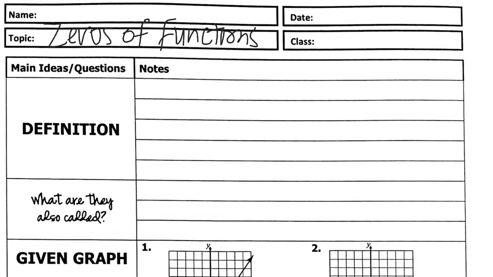So the definition of a zero of a function, there's two different ones.